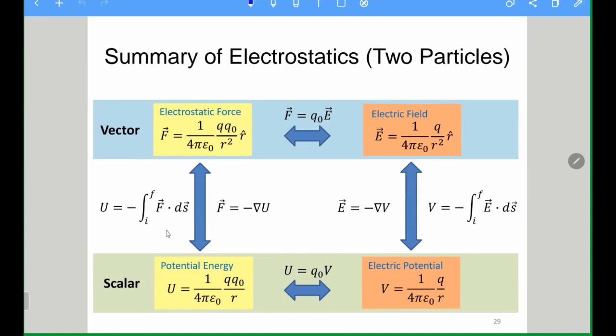And then the other way around, if you integrate the force field over a path and take the minus sign, it becomes the potential energy. So in mechanics, you might also know this relationship. So this is something to relate all the variables we learned in the previous 4 chapters.